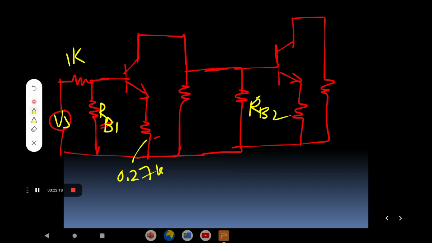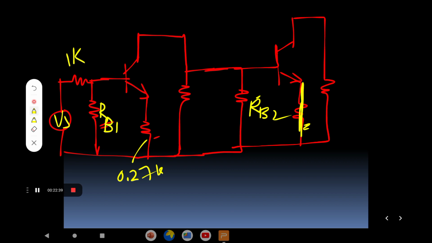That resultant value can be represented as RB2 as well as RB1. As I said earlier, this is also the same emitter resistance that can be given in the problem itself. Maybe I think it is 1 kilo ohm resistance like this. At the same time, obviously in this configuration, it becomes a short circuit. Instead of R2, it is connected as a, why?